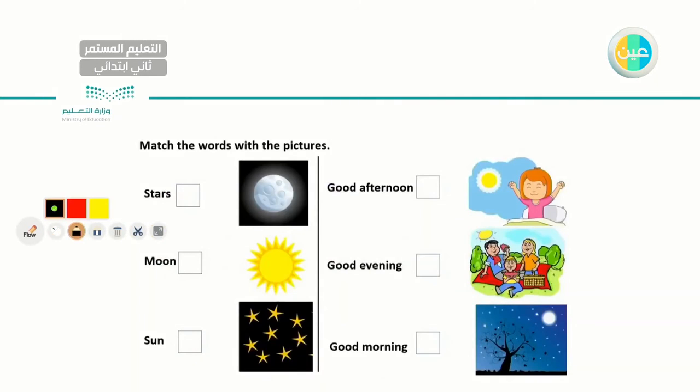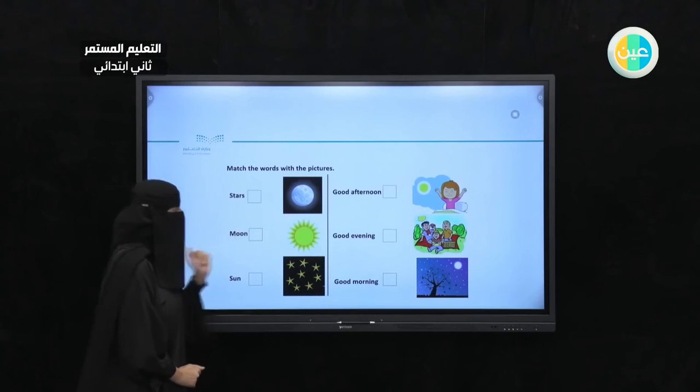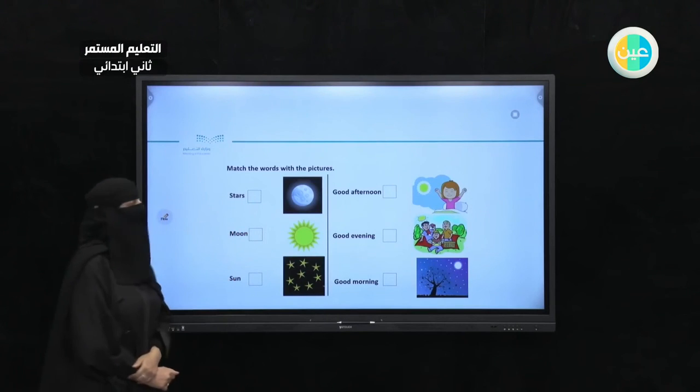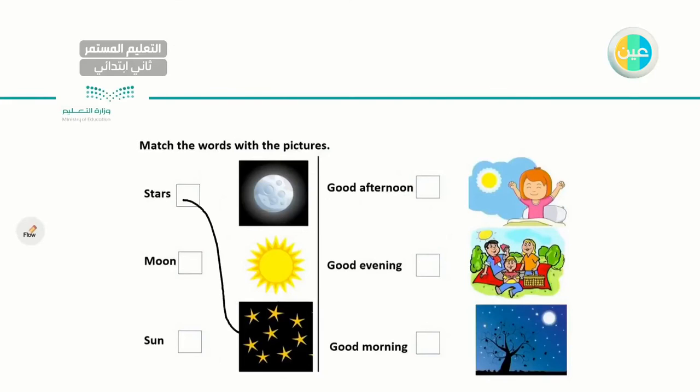So let's match here some words. Match the words with their pictures. As you can see, I have a moon, a star, and a sun. Let's try to match the stars first. These are the stars. Very good. This is the moon, and this is the sun. And the reason we did this, we'll be able to match this next one. Good afternoon, good evening, and good morning.